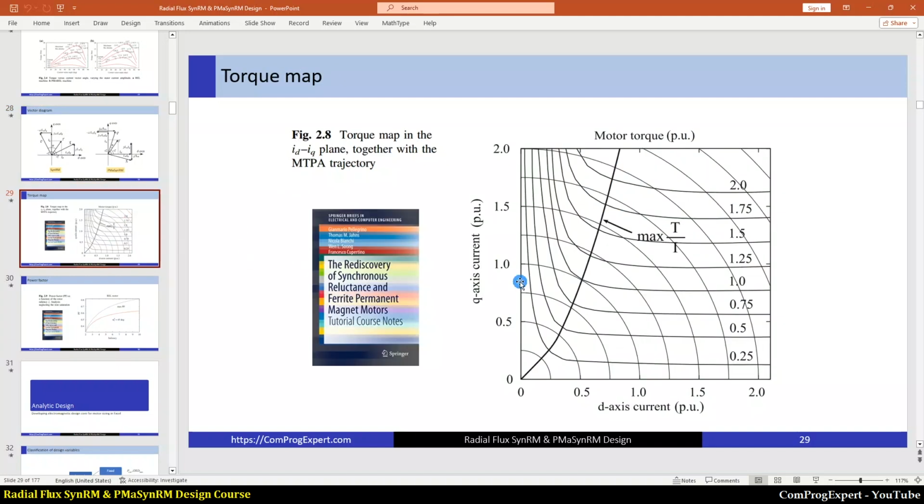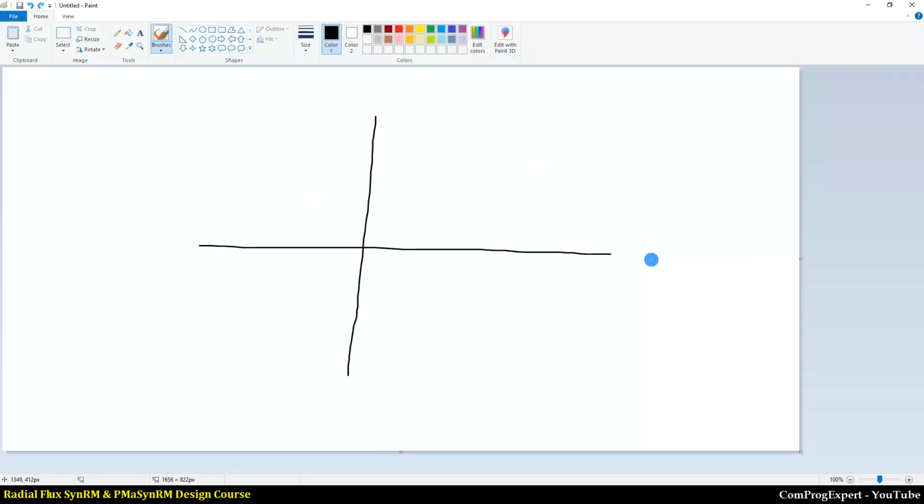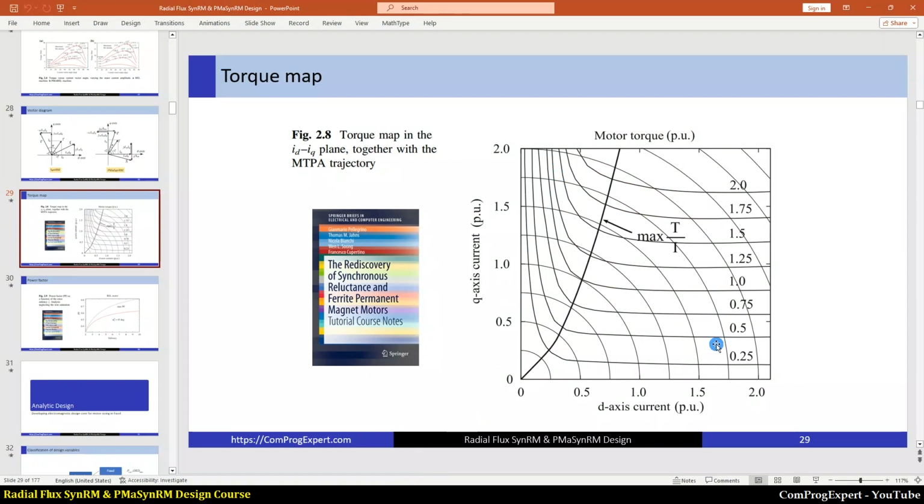This graph shows the torque map for the synchronous reluctance motor. Here we have the D-axis current and Q-axis current. The first quadrant is important in this motor type, so we should change the value of ID and IQ in the first quadrant and calculate the electric torque to plot the contour lines and calculate the torque map.